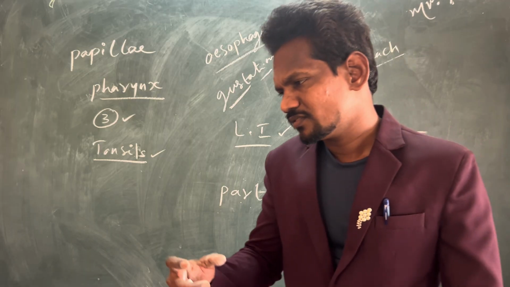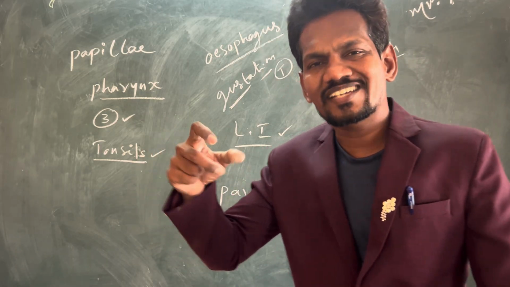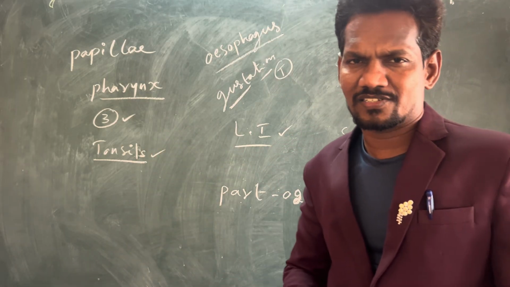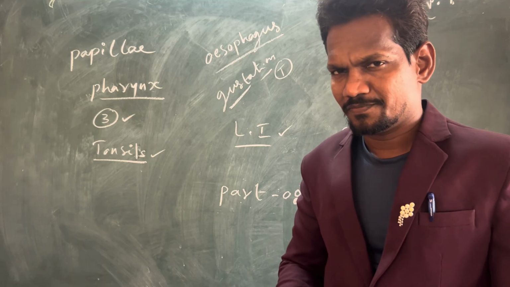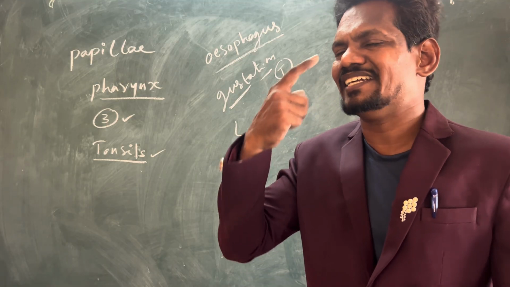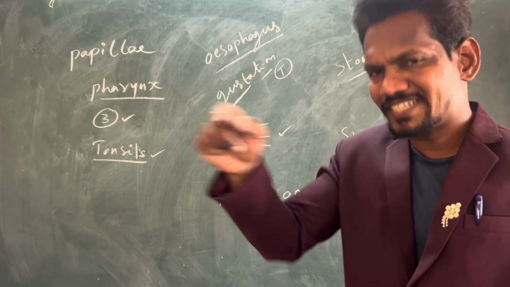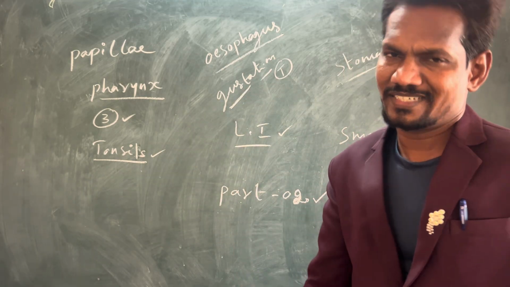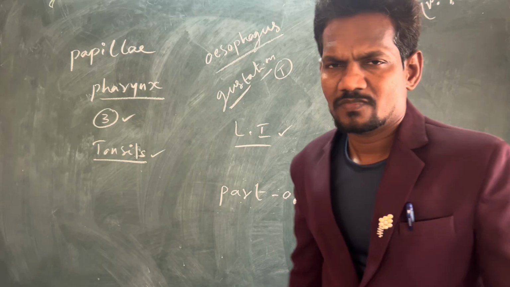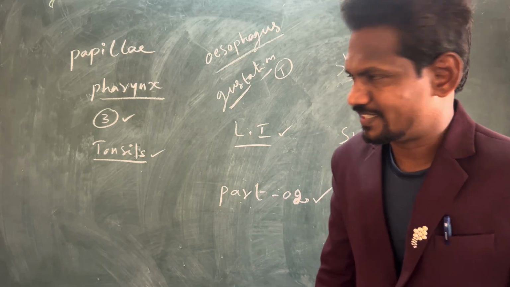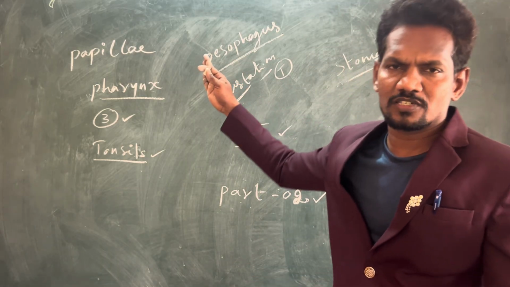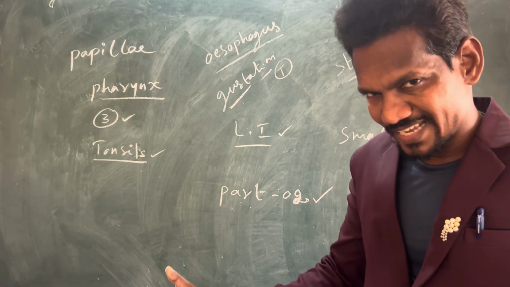Only then is the taste found in the food substances detected. Saliva and the palate must both help the tongue to detect the taste, or else taste will never be detected. So a group of taste buds together is called papillae.